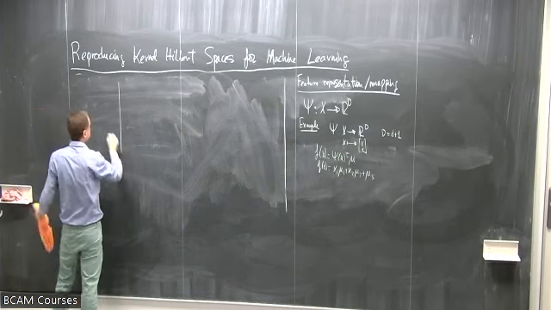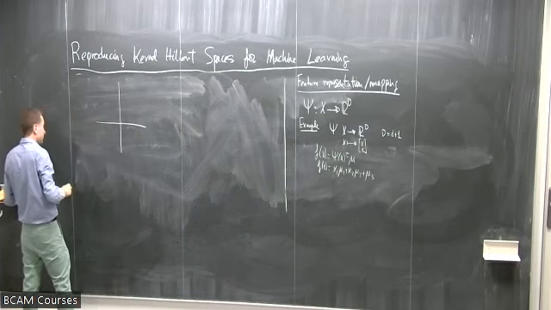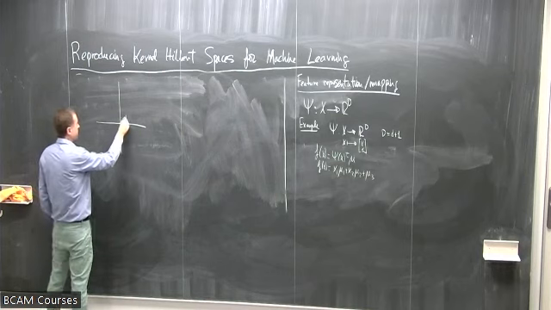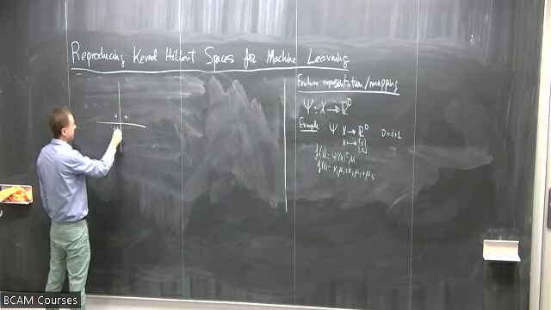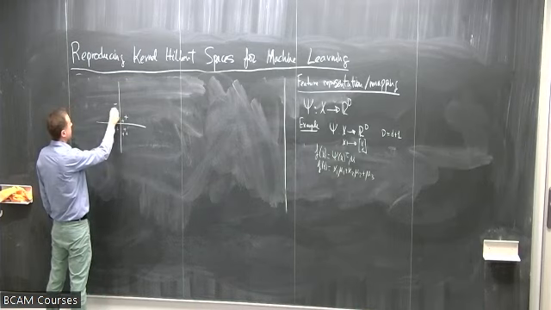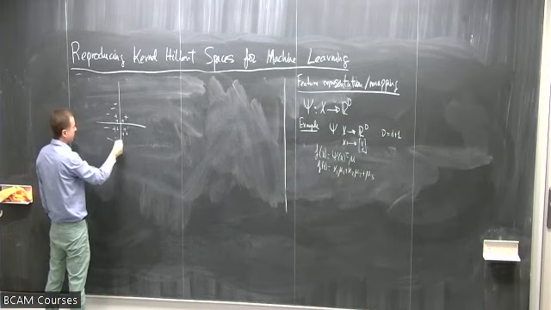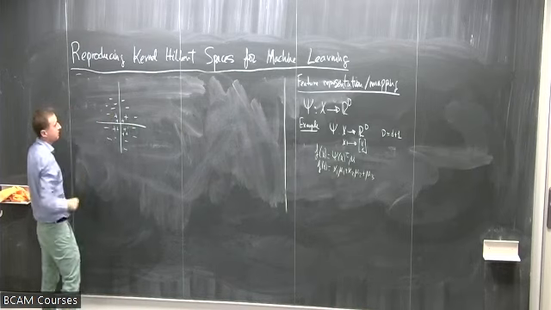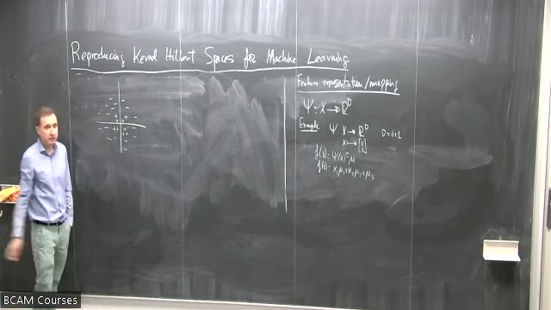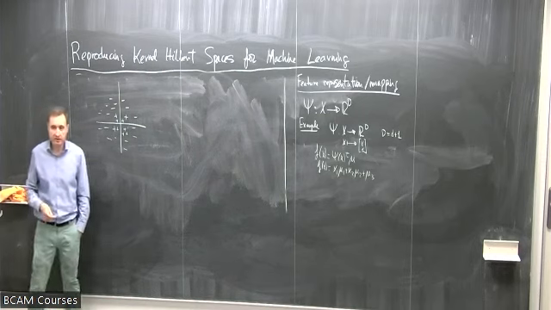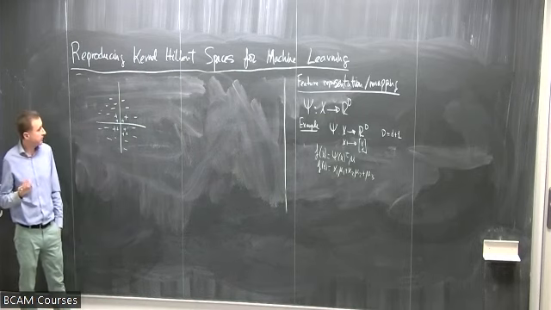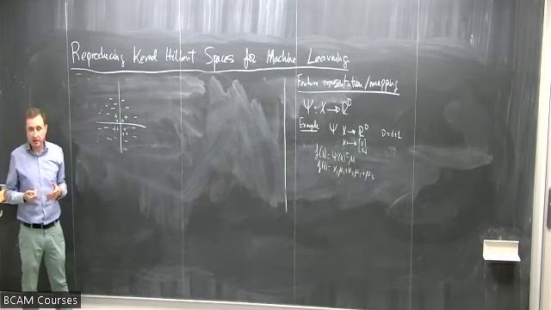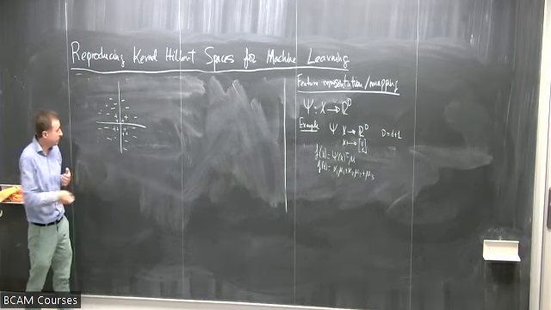So let's imagine that we are in a situation in which the examples of the positive class are near the origin, and then the examples of the negative class are farther from the origin. If these are our training samples, and we try to use linear rules, there is not much we can do here.